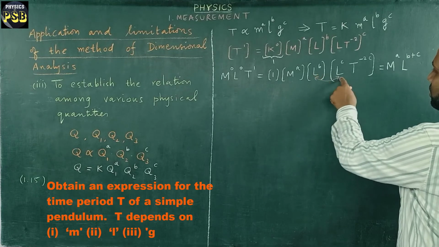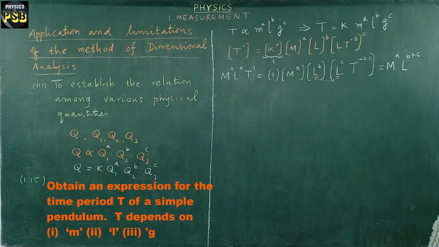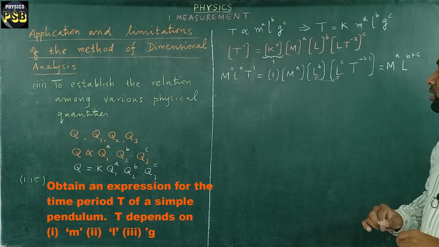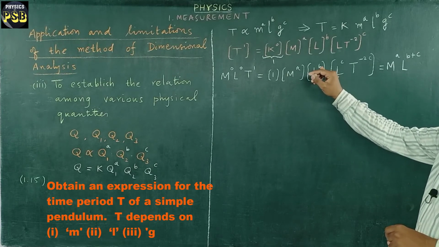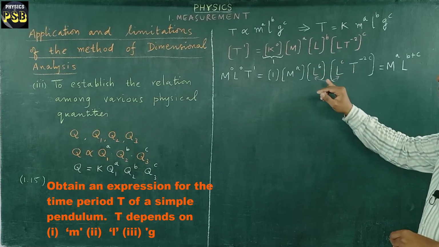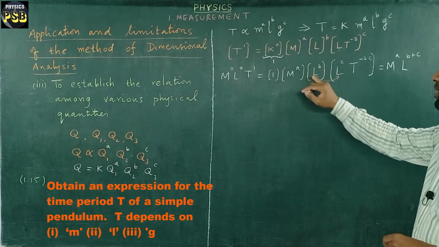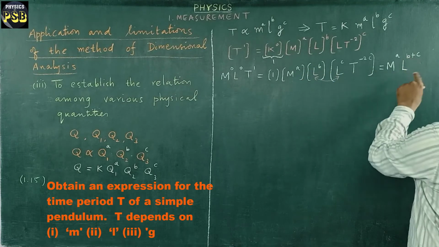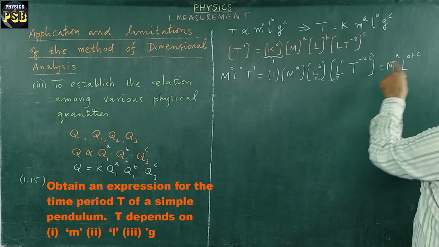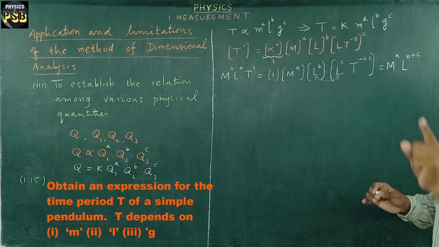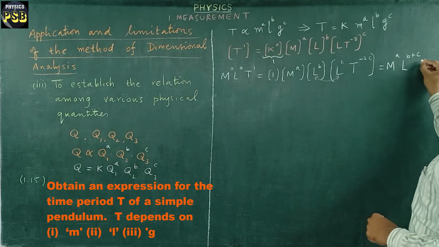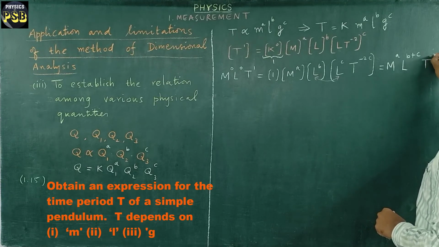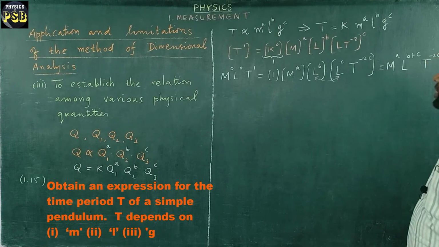When we multiply two terms with different powers but with the same base, in such a case on multiplication we need to add the powers. Remember that, I have already told you. Then T power minus 2C.